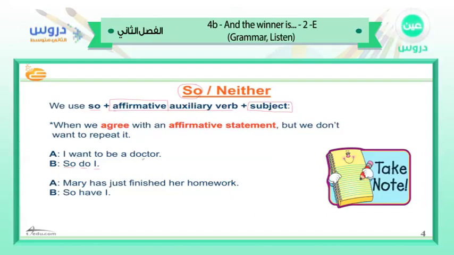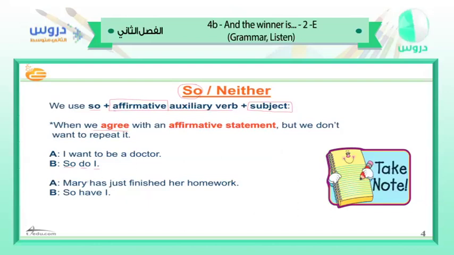I want to be a doctor. I didn't say here, I want to be a doctor too. I said, so do I. It means that I'm agreeing, I want to be a doctor like you.